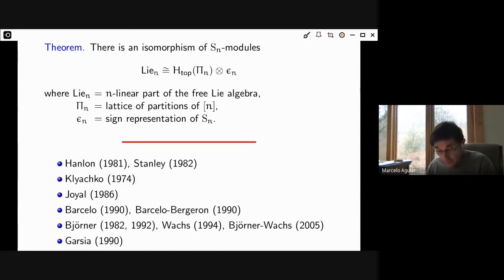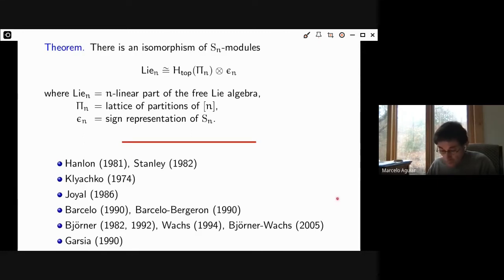And then this became the beginnings of a small chapter within algebraic combinatorics pertaining to the study of homology representations and also to the study of the free Lie algebra. So there is a small chapter in algebraic combinatorics about the combinatorics of the free Lie algebra.